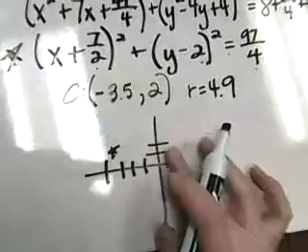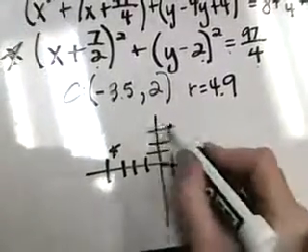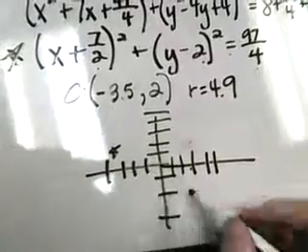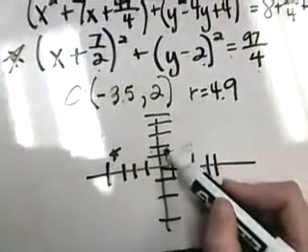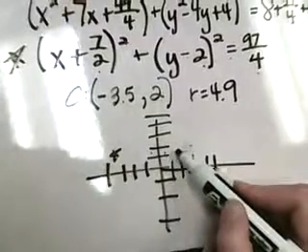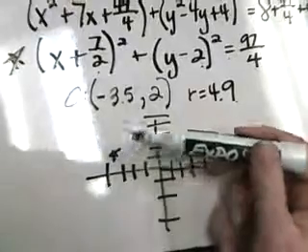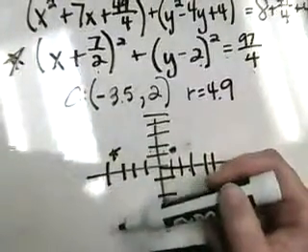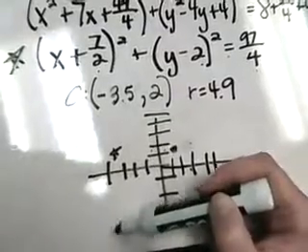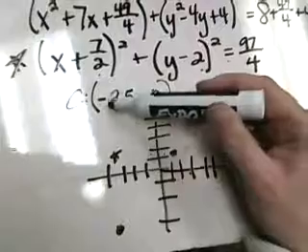Okay, so 1, 2, 3, 4, almost to 5. Again 1, 2, 3, 4, almost to 5. 1, 2, 3, 4.